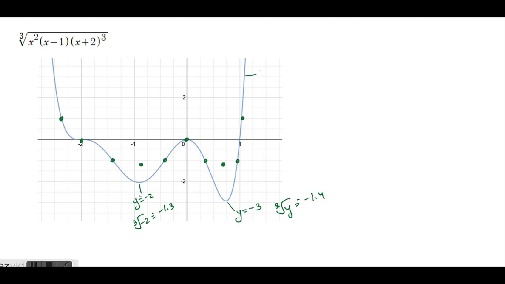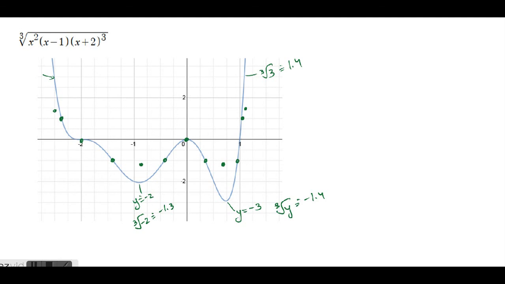We want the cube root of 3, which is positive 1.4. So 1.4 would be somewhere here. And then let's do the same thing on that side. 1.4 is somewhere here. Okay, so we have some points that we can connect.